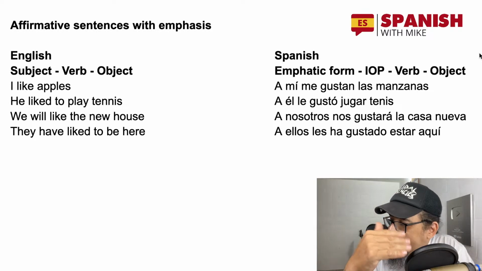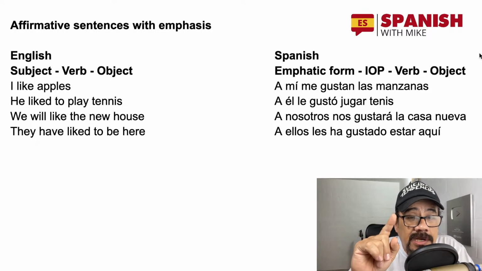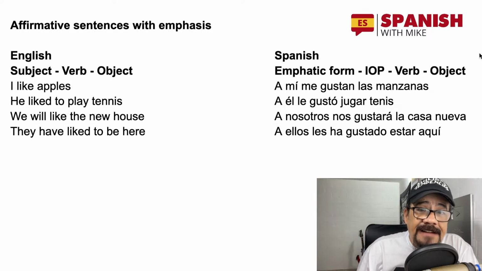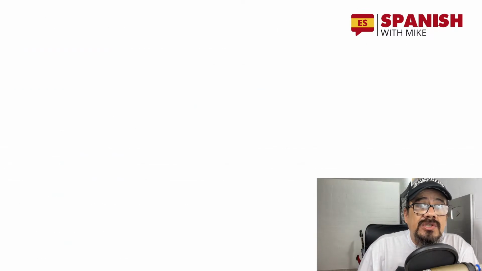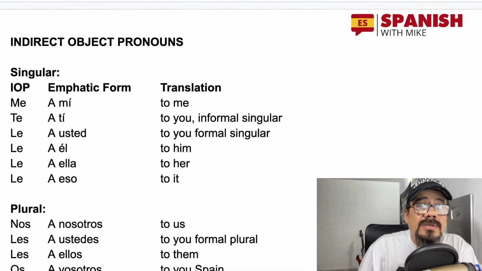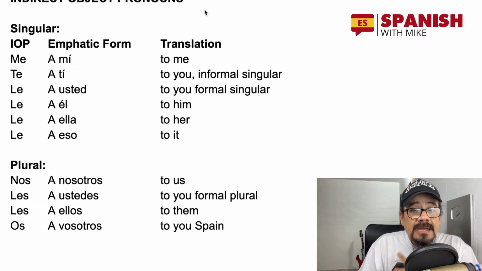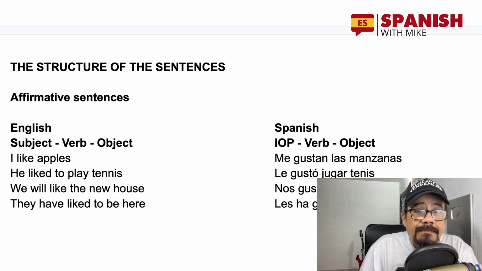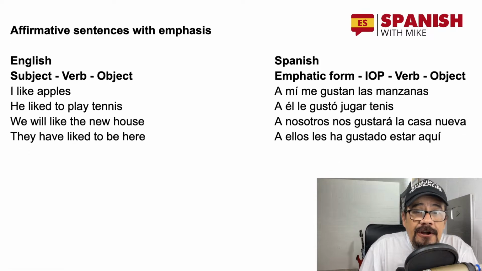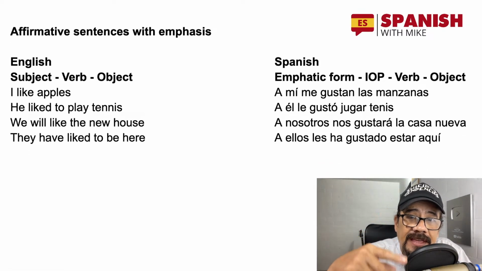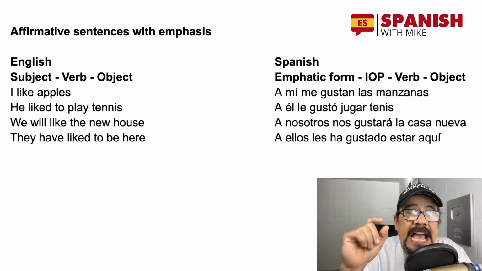Subject, verb, object. It's the same. But in Spanish, if we want to give emphasis to the sentence, we use the emphatic form, which we already saw on the table: a mí, a ti, a usted, a él, a ella, a nosotros, a ustedes, a ellos, depending on the pronoun or the subject that we are talking about. We use that first, followed by the indirect object pronoun, then the verb in its conjugation, and then the object.